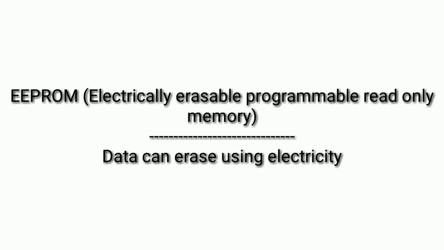Then another type of ROM is EEPROM, electrically erasable programmable read only memory. From its name itself we can understand that it is an erasable type of ROM. In this memory, data can be erased by exposing it to electricity or electrical charge.